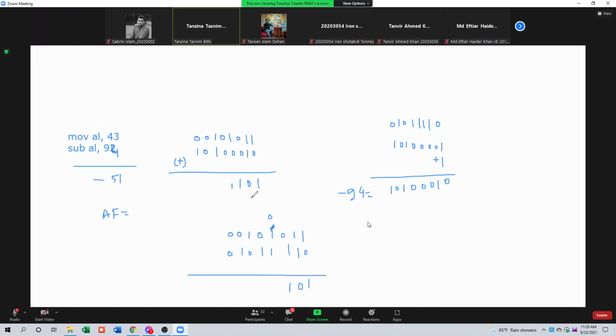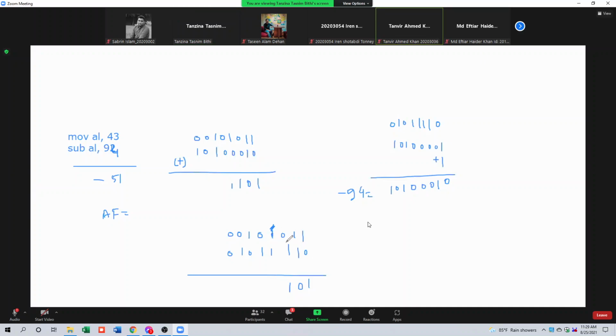Did you forget the binary subtraction? This is the lower 4 bits of the first number, and this is the lower 4 bits of the second number. The third bit is 0, so we can't subtract 1 from 0. That's why we'll take a borrow from this bit.